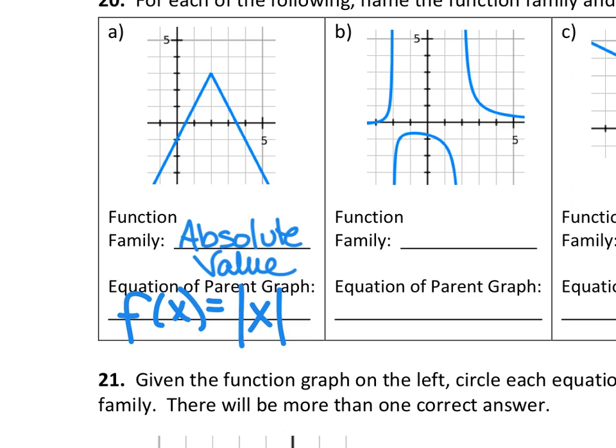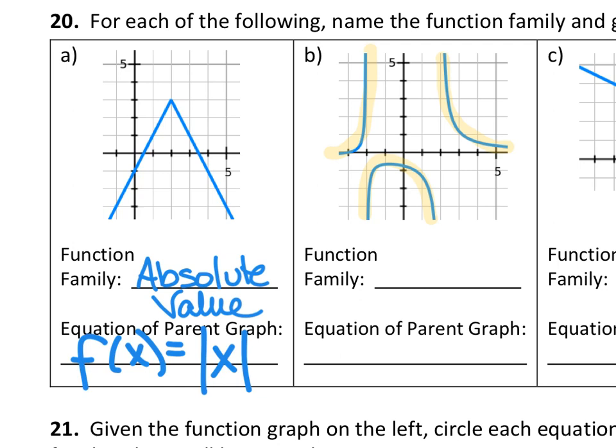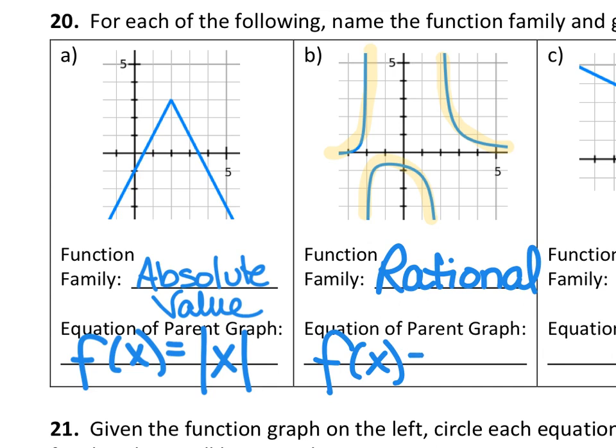Any of the functions that come in pieces that we're studying in Algebra 2, this graph happens to have 3 different parts that you can see. That's going to automatically be a rational function. And the equation of that parent function is 1 over x, where you have x in the denominator.